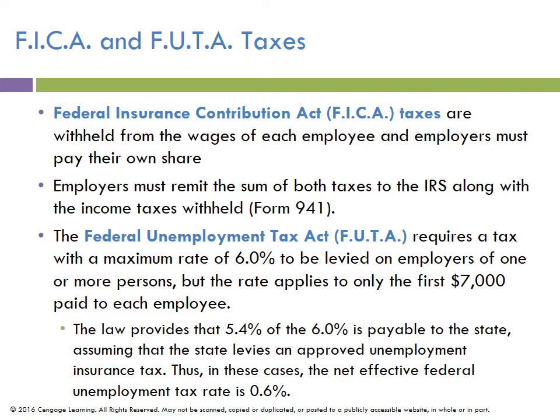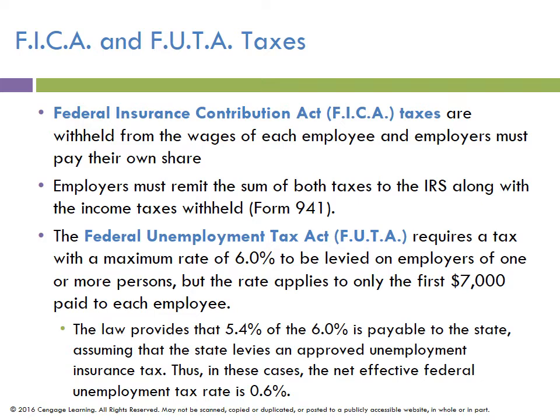These are taxes withheld from the wages of each employee and employers. So not only do employees pay these taxes, but employers do as well. Employers must remit the sum of both taxes, the employee's portion that's withheld, and then the matching of the employee's portion, to the federal government and file a Form 941.